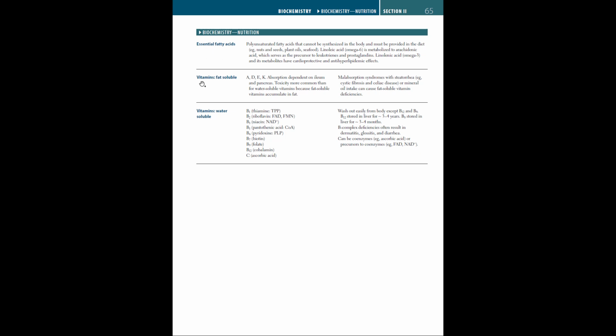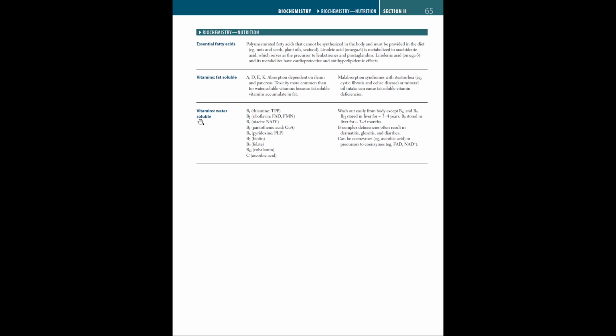Now, the fat-soluble vitamins are A, D, E, K, and absorption is dependent on the ileum and pancreas. Toxicity is more common than for water-soluble vitamins because fat-soluble vitamins accumulate in the fat. Now, malabsorption syndromes with steatorrhea, which is fatty stools, for example in cystic fibrosis and celiac disease, or mineral oil intake can cause fat-soluble vitamin deficiencies.